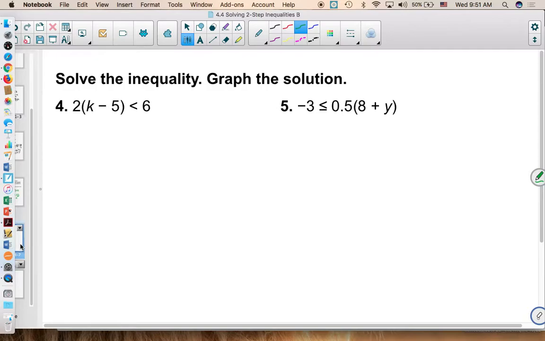Okay, you've got to graph it for me up there. Okay? Let me squeeze this way. Good. And you're dividing though. You're not multiplying.